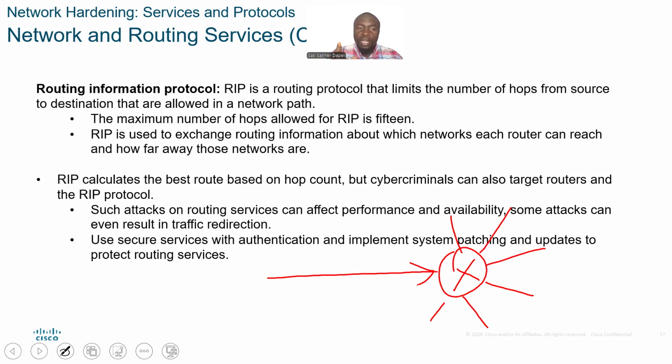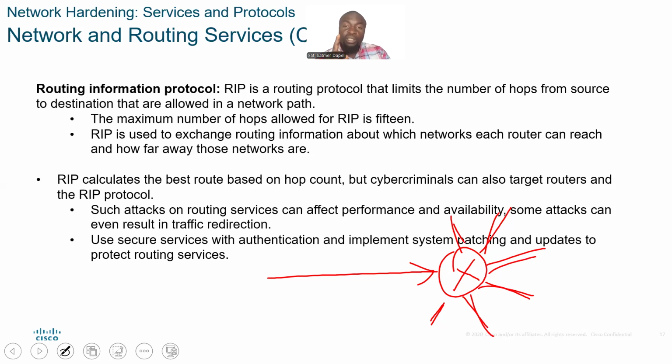It makes this decision based on what we call the routing table. The routing table is just a database where the router keeps records of all these routes. If traffic comes, it checks the traffic header to see where the destination of this traffic is.